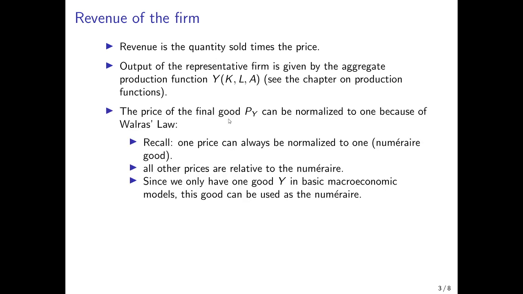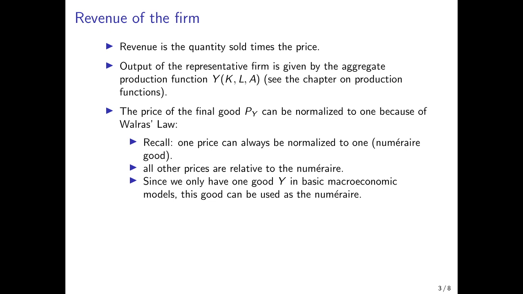Now what about the price? The price of the good that the firm sells can actually be normalized to 1, and this is due to the law of Walras, because as you know, you can always normalize the price of one good in the economy to 1 and express all the other prices in relation to the price of the so-called numeraire good.